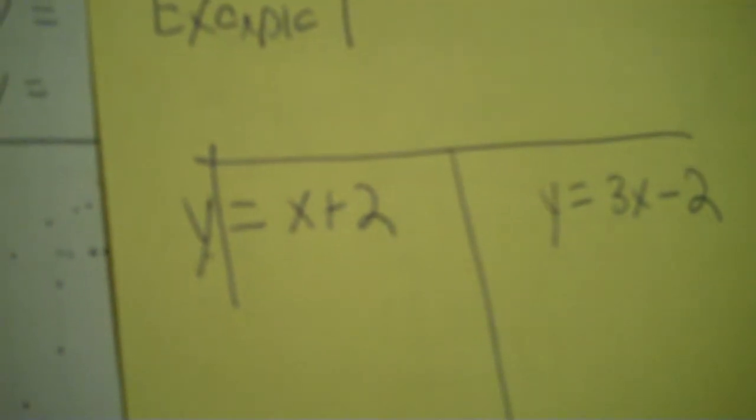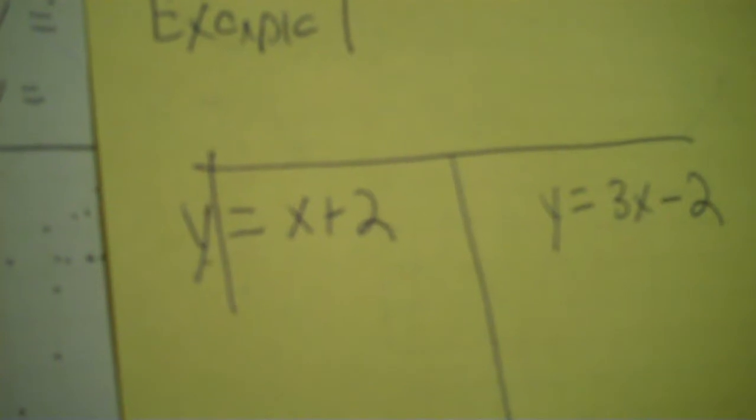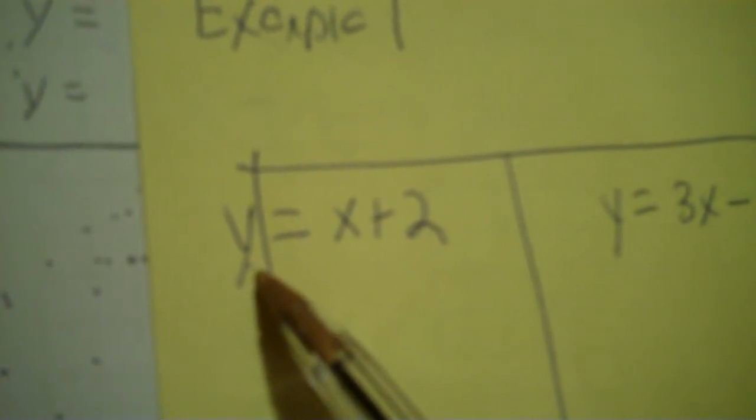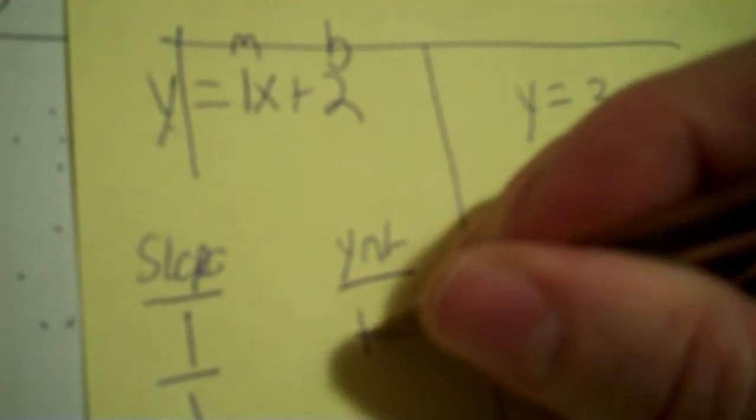If you have y and x, make a wall on the y side. Is the y by itself? Yes, it is, so you can put your m and b. This is m, you'd put a 1 there, and this is b, okay? So m and b means we have our slope and our y-intercept. The slope is 1, needs a 1 under it, and the y-intercept is plus 2, okay?